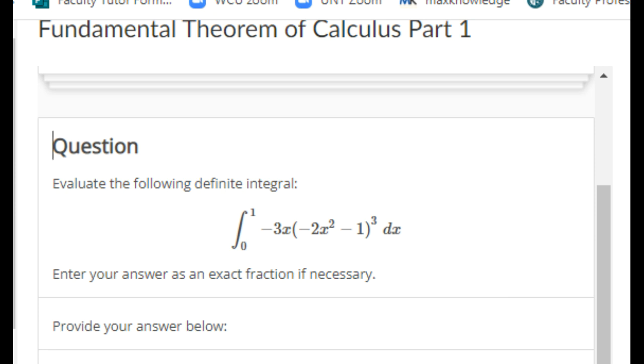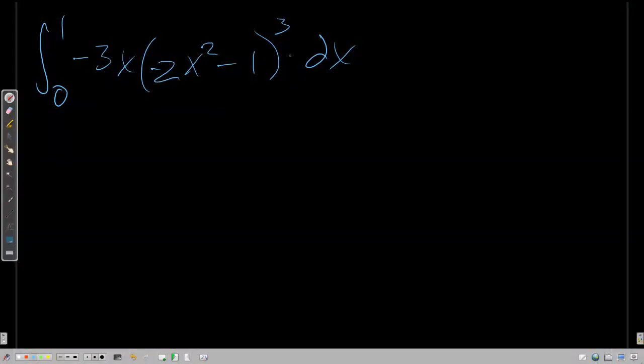Alright, so it's the integral from 0 to 1 of -3x times the quantity -2x squared minus 1 to the power -3 dx. Let u be the -2x squared minus 1, then du is -4x dx.